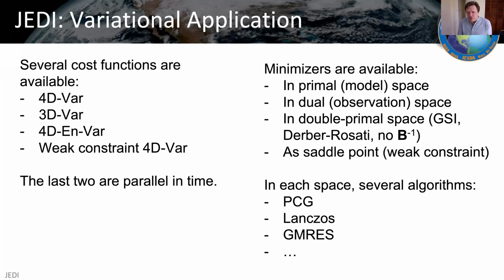But we cover a whole range already of minimizers, and I think that's a fairly exhaustive list of what exists in variational DA. And that's all controlled by the YAML file. What I showed before, you just change one line to specify PCG or GMRES, etc. It's very easy to change.